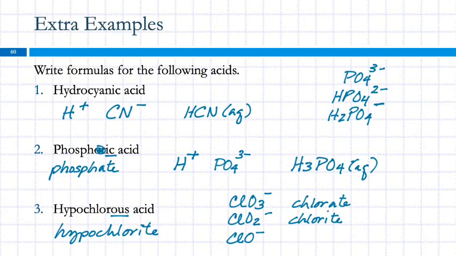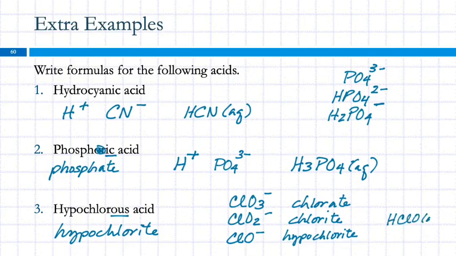Hypochlorite. And the charge is -1, and so to make the acid, it's HClO.